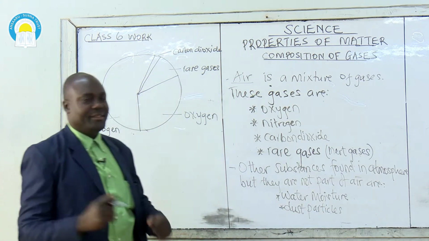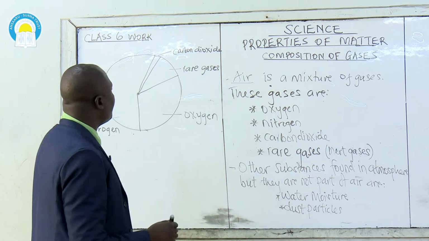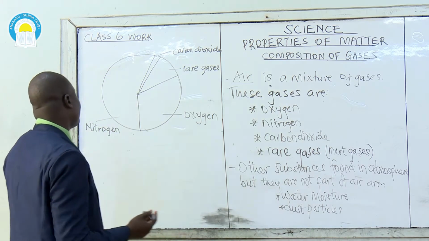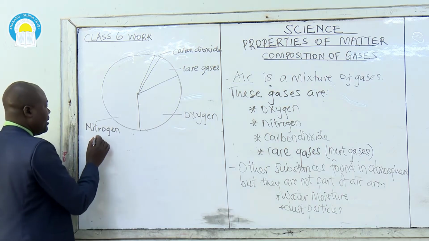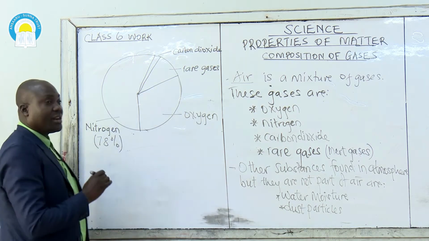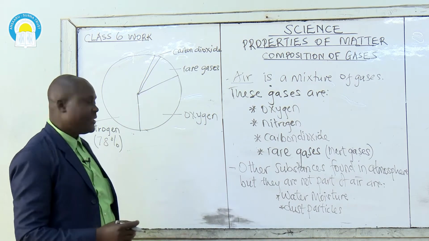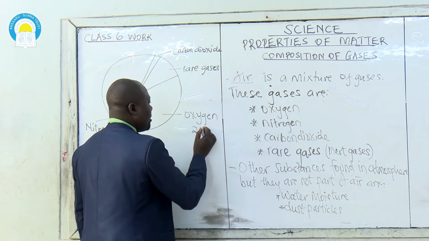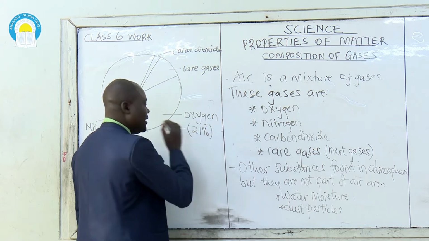So we move ahead. Let us first of all have their percentages. Nitrogen is about 78%. If you are asked which percent it is, that is 78%. Then oxygen is about 21%.